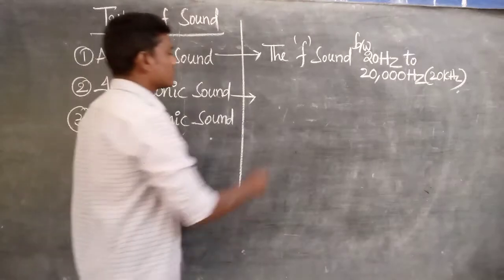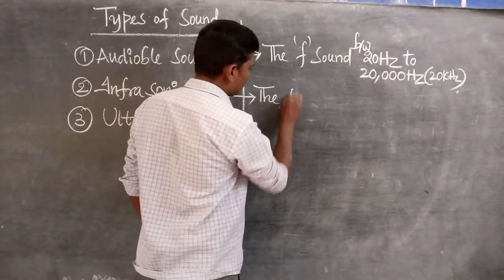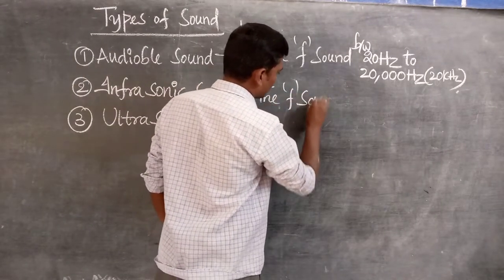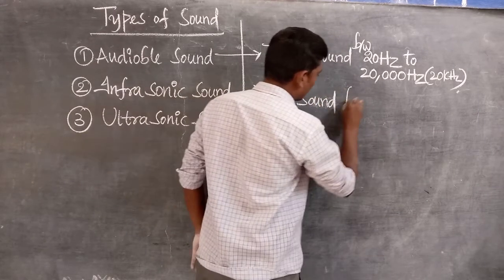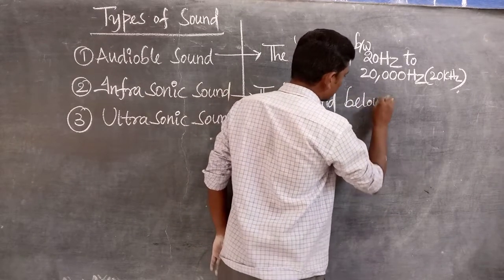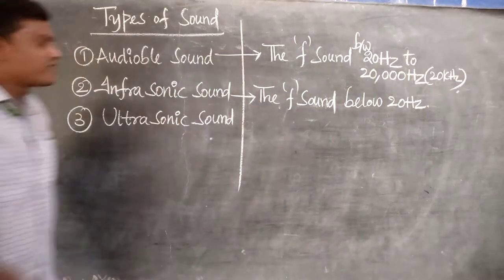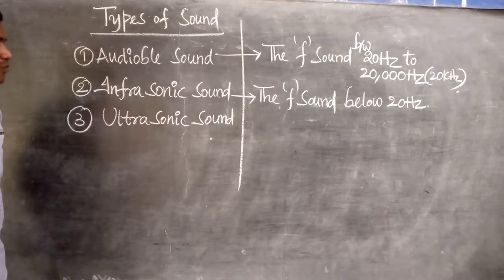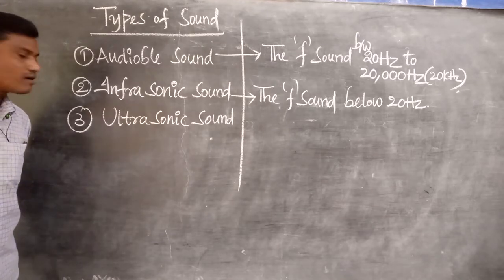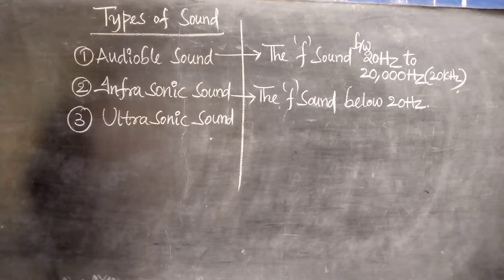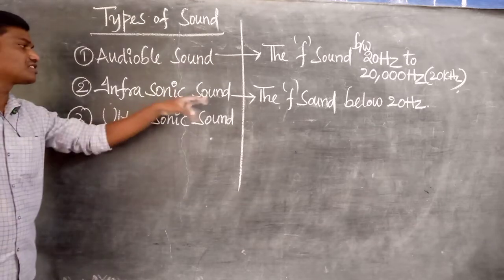Infrasonic sound. The frequency of sound below 20 Hz is called infrasonic sound. Listen very carefully. The frequency of sound below 20 Hz is called infrasonic sound.